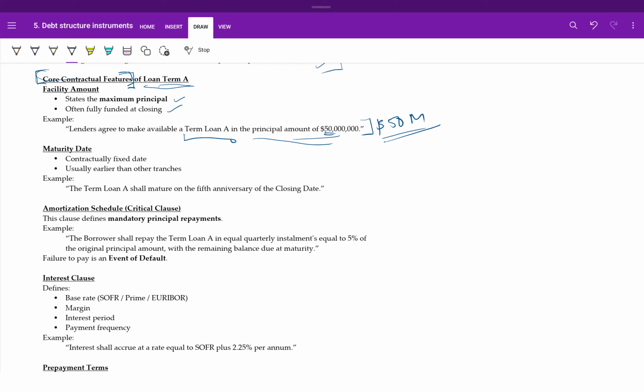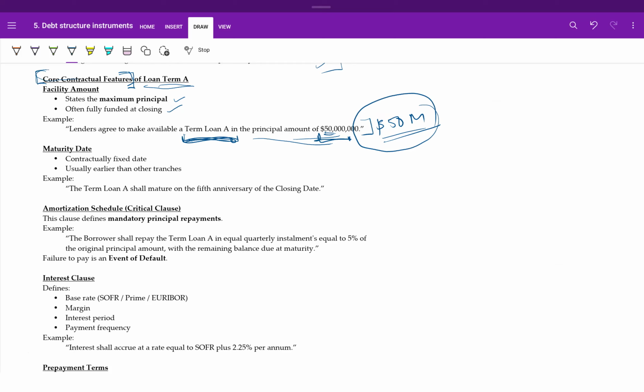So the borrower is borrowing this at the inception, and it's the starting point of risk, if we talk about it from the perspective of risk.